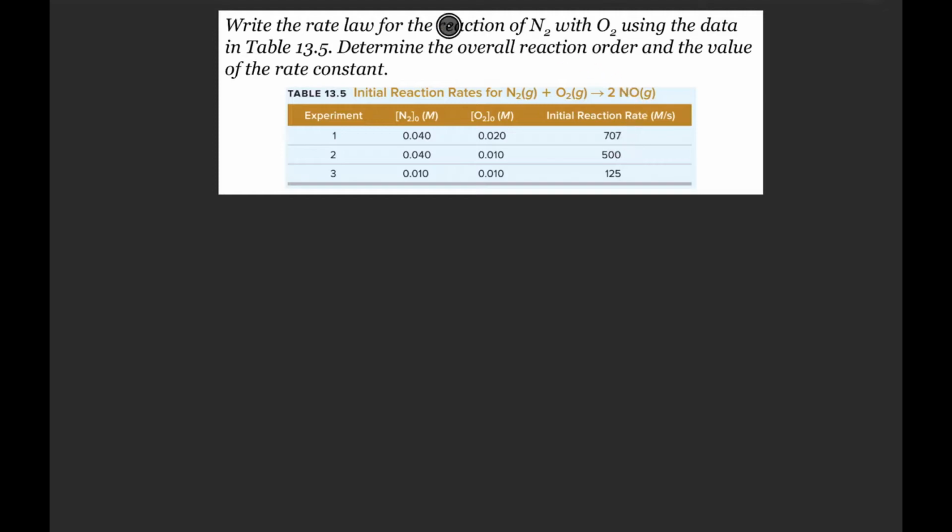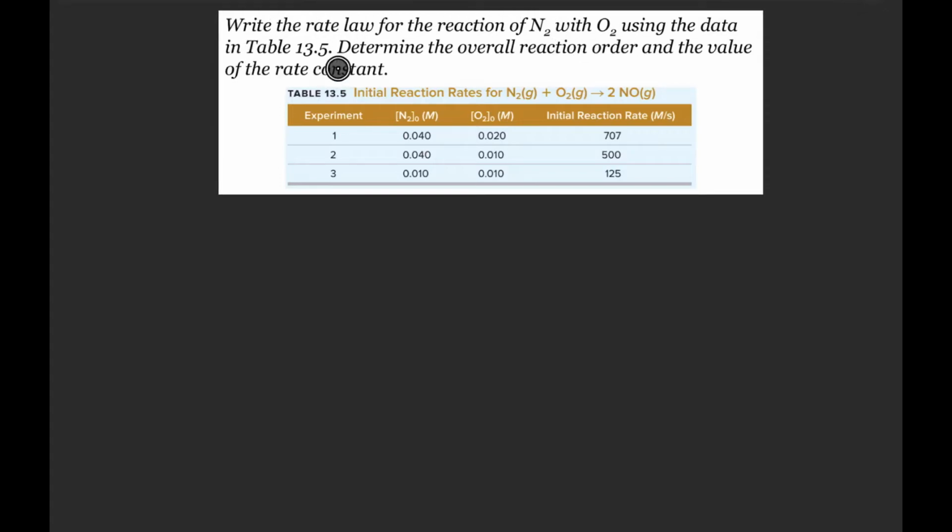This really motivates why we're interested in determining rate laws, and it's because the rate law allows us to determine the rate of reaction at any concentration. And we can do this if we know the reaction order, which tells us how the rate will vary as we vary the amount of our reactants.